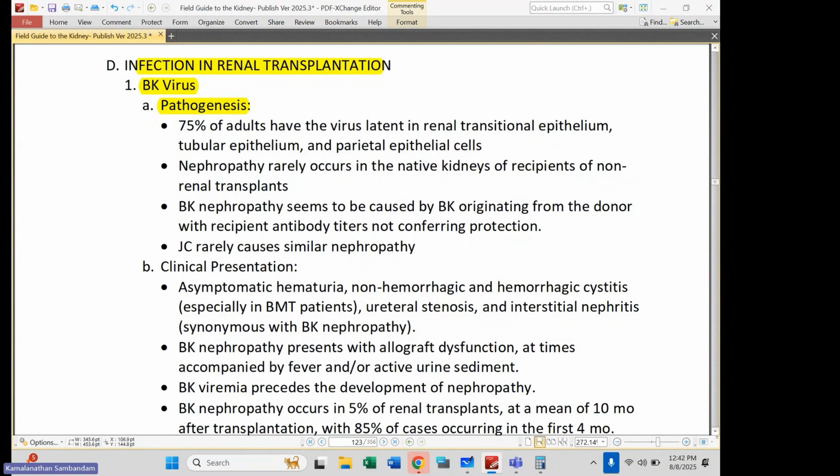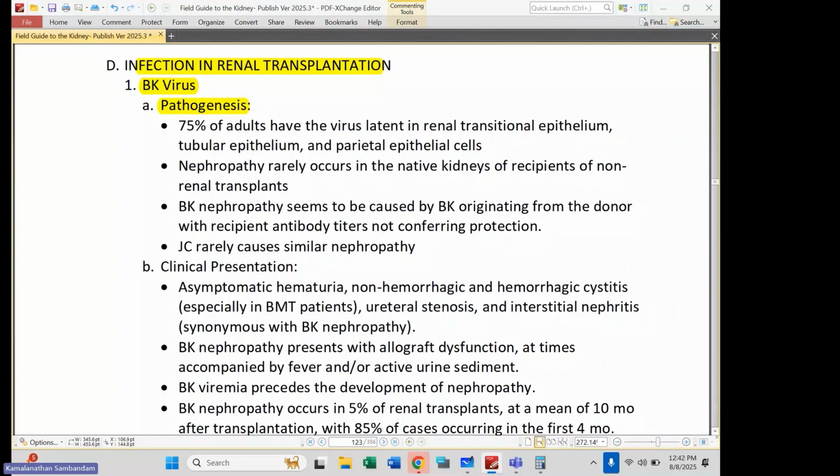People have sequenced the BK from renal transplant patients, and they found that BK seems to be of donor origin, okay? And because of that, there's a different phenotype than what you see in non-renal transplant patients, okay?